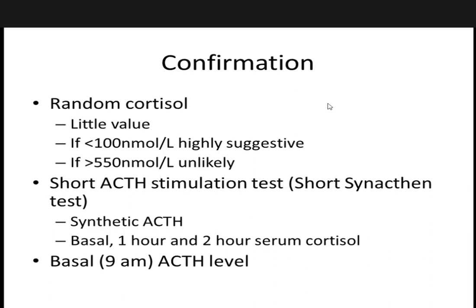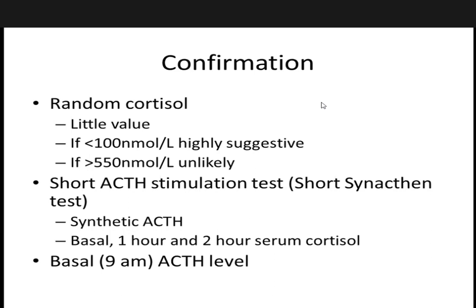But if someone is having a very high basal ACTH level and a poor response to synthetic ACTH in a short synacthen test, then the problem is with the adrenal gland. Right? So that is how you are going to differentiate primary adrenal failure from secondary adrenal failure.